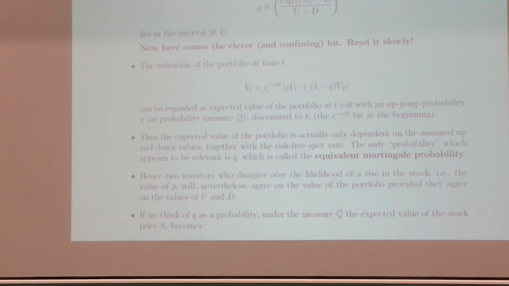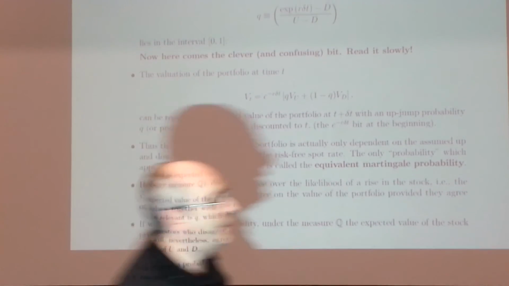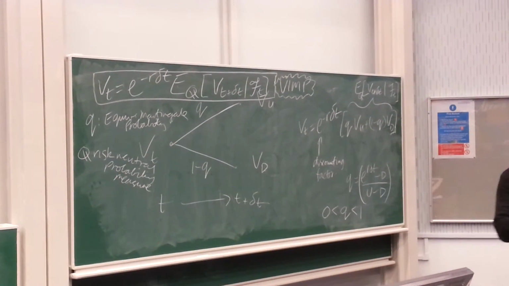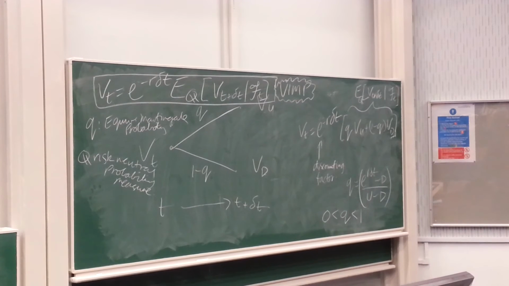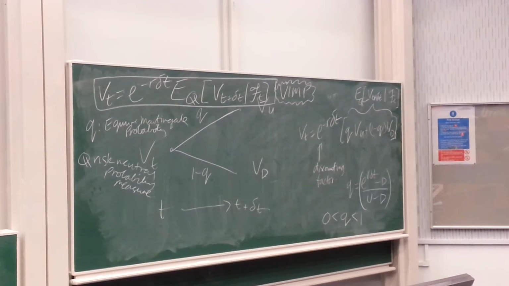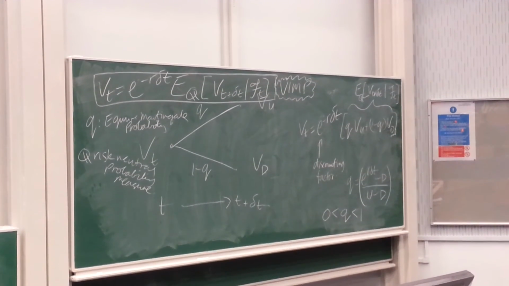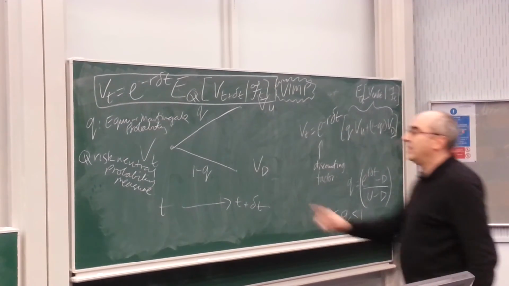So at the end of the day, we don't care what P and 1 minus P are, providing we agree on R, U and D, which is equivalent to both of us assuming that the share price behaves in the same distributional way in the limit as delta t goes to 0. Then we will agree on the risk neutral probability, and we will agree on the value of the replicating portfolio at time t.